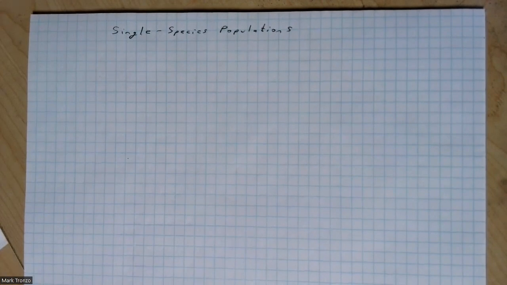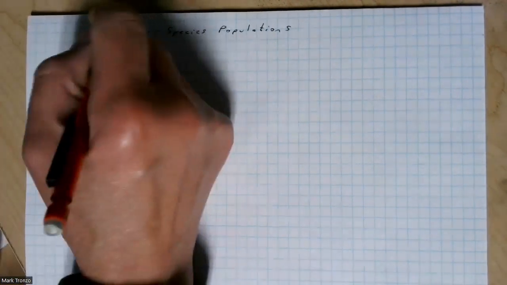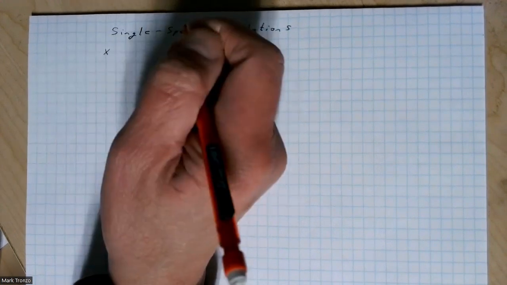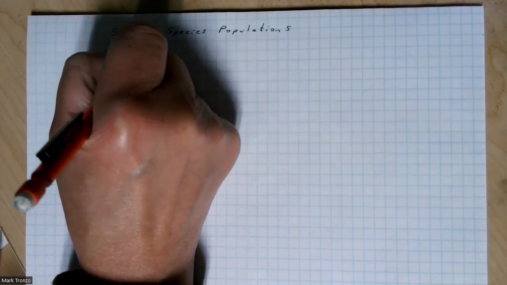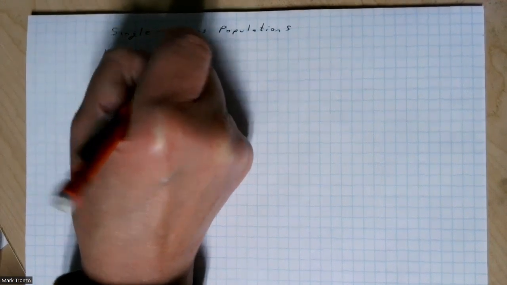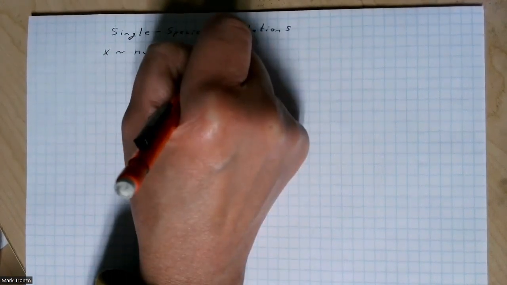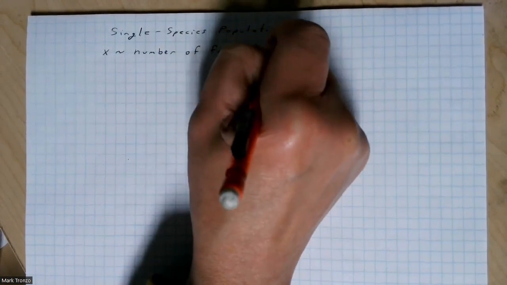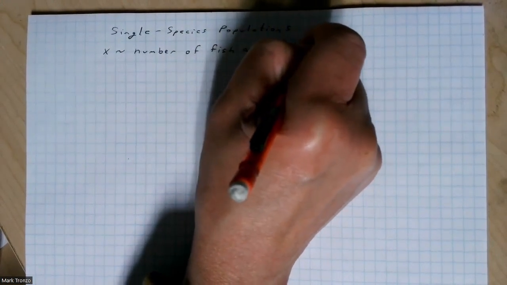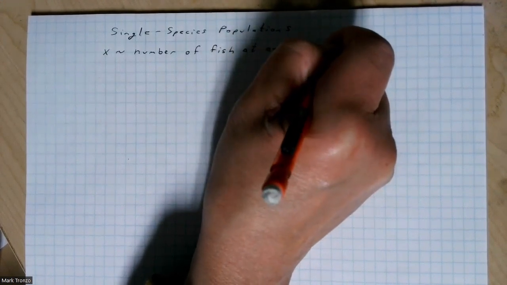So now we're going to set up some basic differential equations for maybe animals. So let's say X is the number of animals. Let me just say maybe fish would be a good one. Number of fish at any time t.